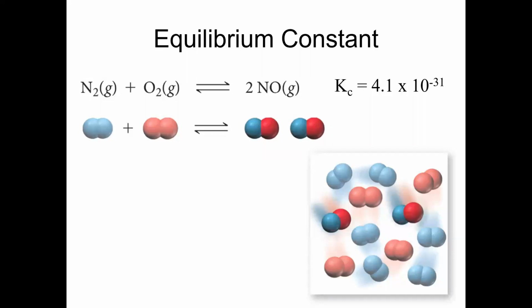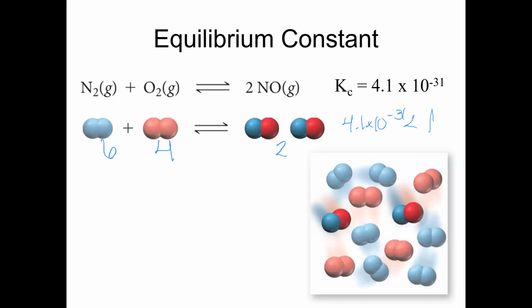All right, so let's look at this equation. Here we have nitrogen and oxygen making nitrogen monoxide, and it gives us a K value of 4.1 times 10 to the negative 31st. Notice that that is going to be less than 1, because remember, that negative exponent is going to be a decimal number for us. So looking at our particles, when we look at the amount of nitrogens we have, there are 6 nitrogens, 4 oxygens, and only 2 nitrogen monoxides.